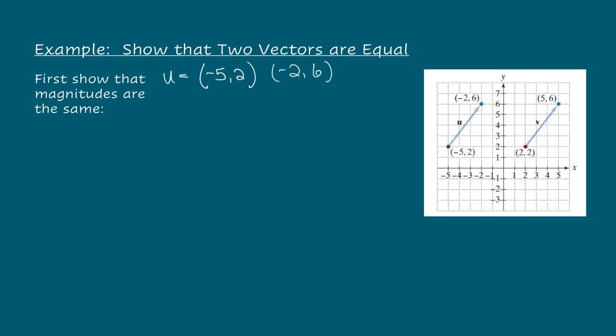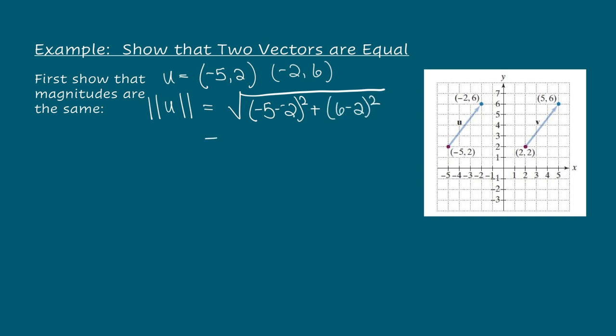We calculated that magnitude for u using the square root of (-5 minus -2) squared plus (6 minus 2) squared. We ended up with the square root of 25, which equals 5. So there's our first magnitude.